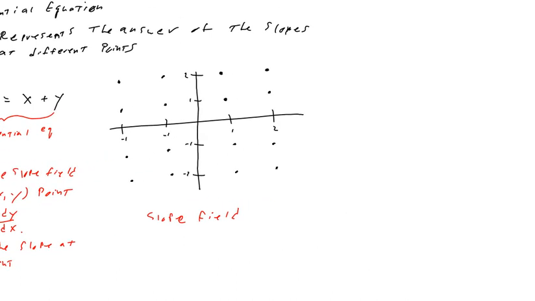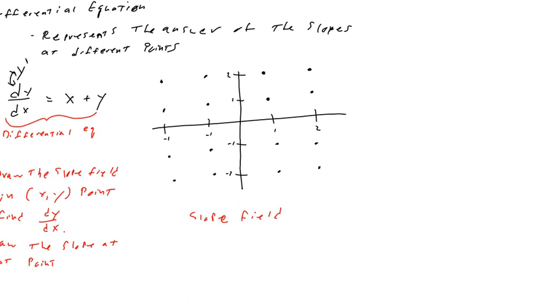So let's do this over here. Let's plug in the point 1, 1. So dy dx is going to equal 1 plus 1, this is x and y. So that's going to be 2.